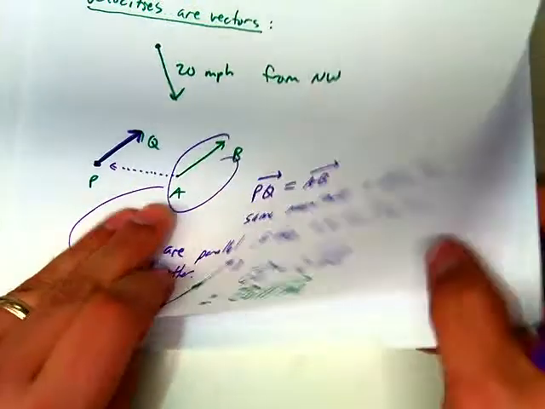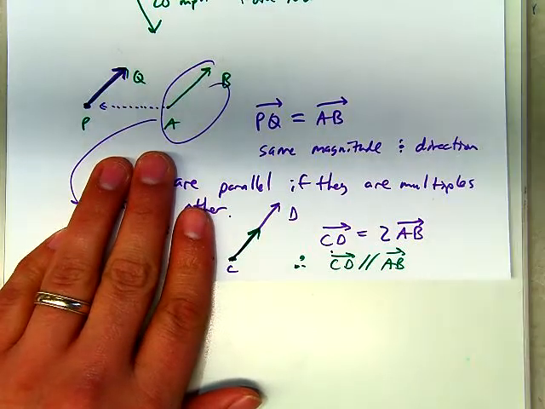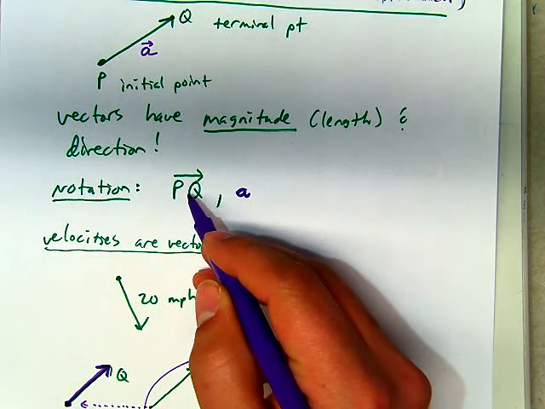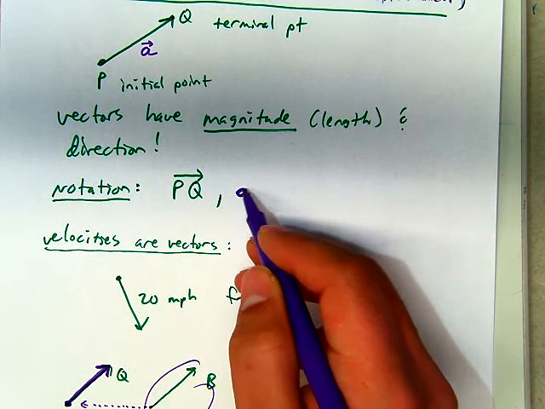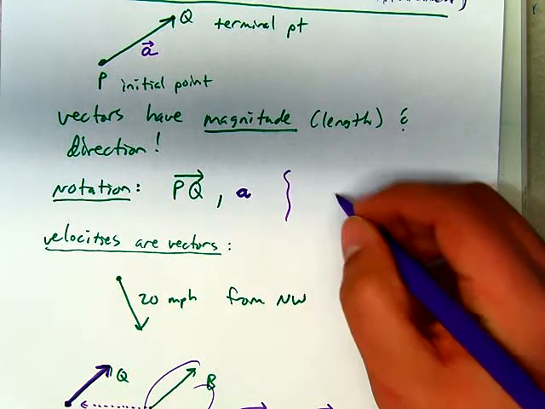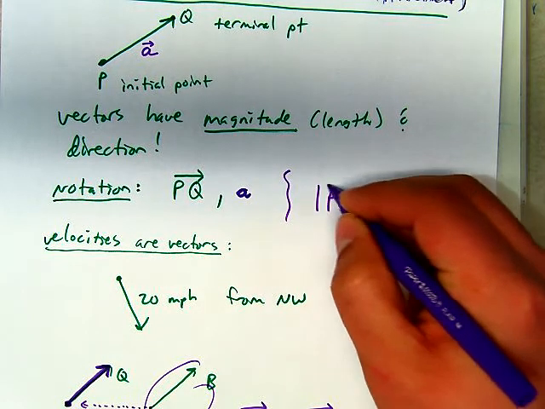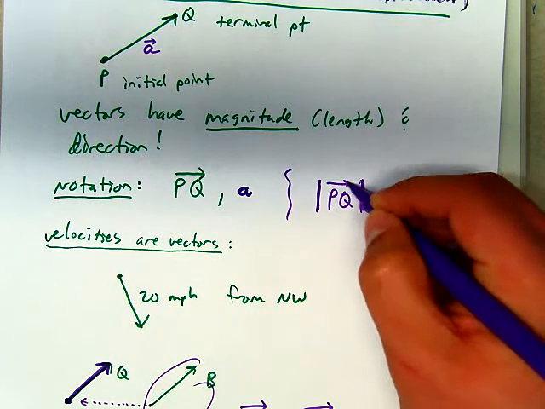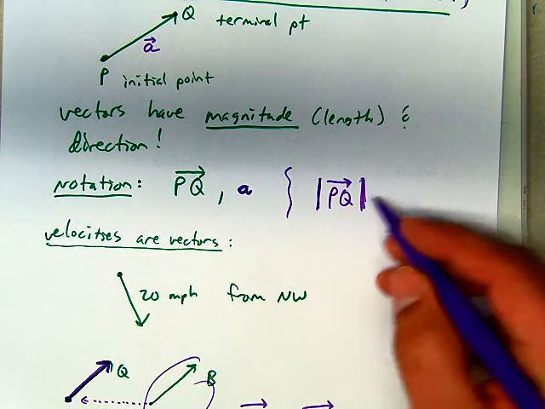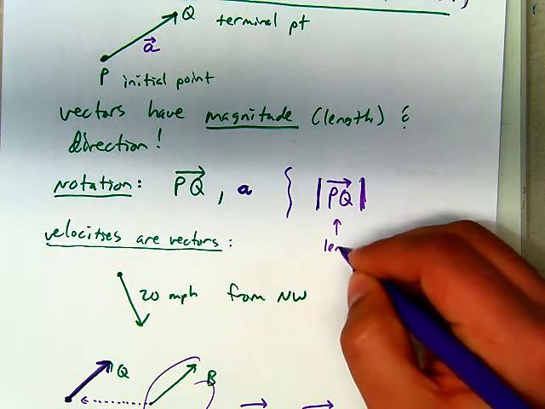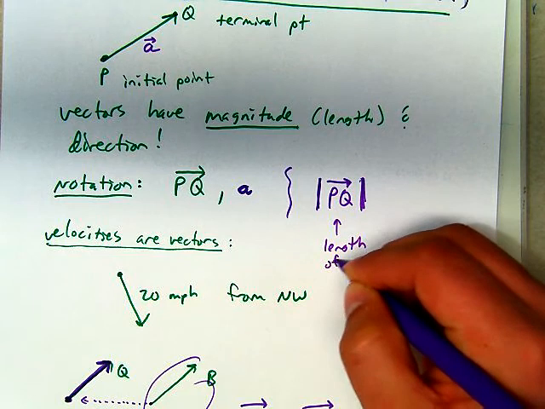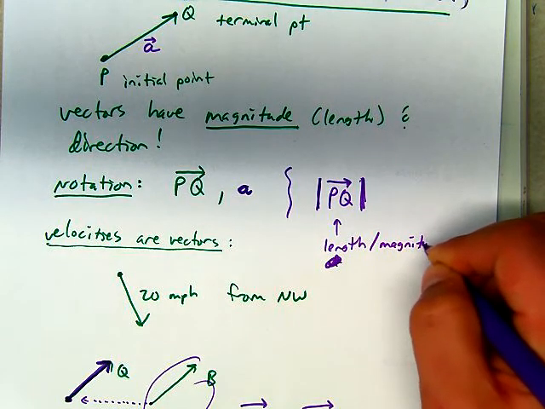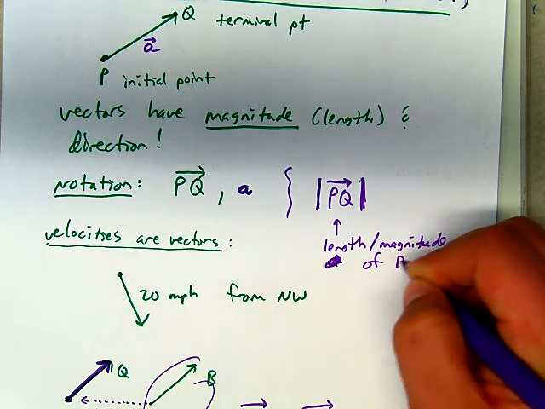Actually, there's one more thing that I could write as far as notation goes. This is just naming the vector, PQ, and this is just referring to vector A. If you see notation like this, what looks like absolute value around the name of the vector, this actually means length or magnitude of PQ.